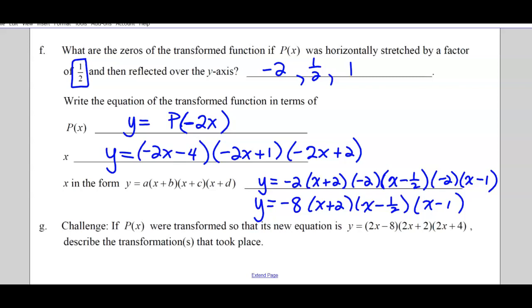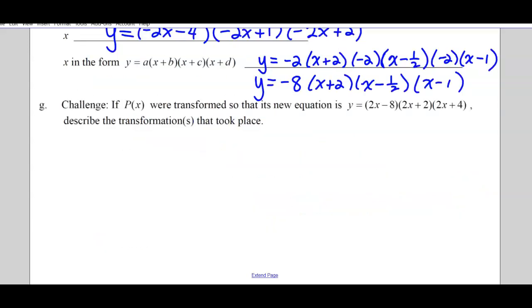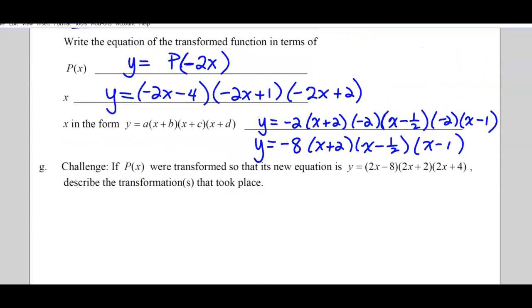A couple that are a little bit harder. If p of x were transformed to give that as our new equation, describe the transformations that took place. I'm just going to copy out p of x here so it's easy to see.